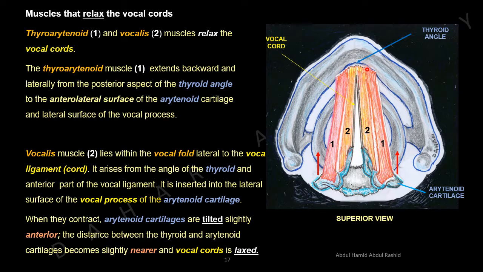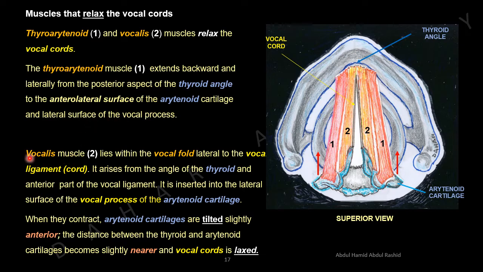That is from here, from the thyroid angle, this muscle will extend backwards and laterally, and then attach posteriorly to the anterolateral surface of the arytenoid cartilage, and slightly to the lateral surface of the vocal process. So this is the thyroarytenoid muscle coming from here and attached to the anterolateral surface of the arytenoid cartilages.